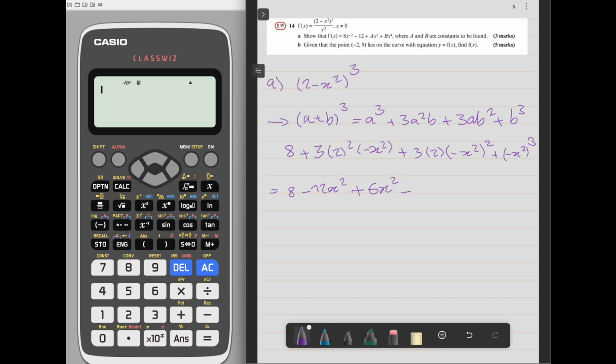And this is going to be minus again, x to the power of 6 all over x squared, right? This is my f dash x.